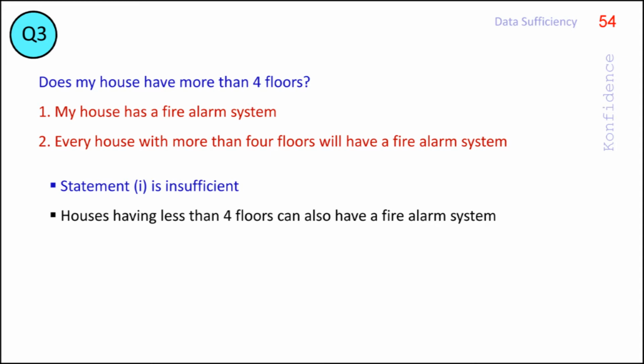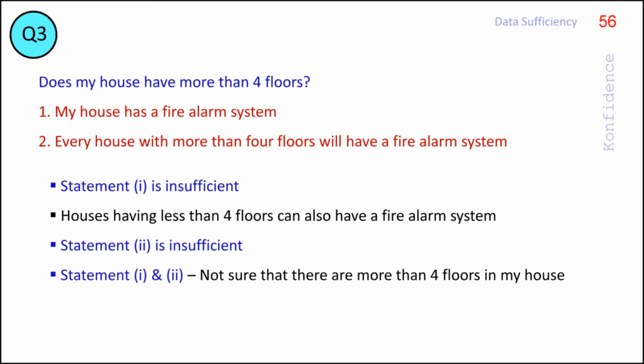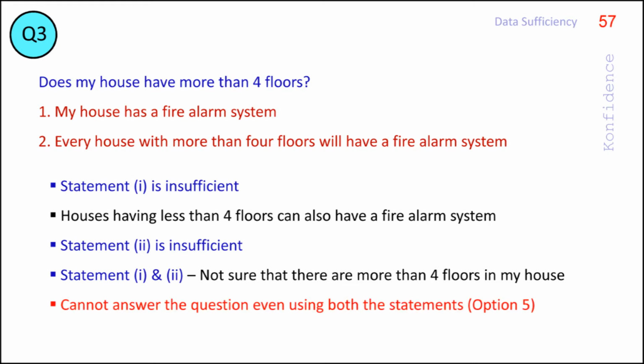Anybody with the fear of fire in his house can fix a fire alarm system even if it has less than 4 floors. Hence, we cannot be sure that there are more than 4 floors in my house. This shows that we need to be very careful in reading the statements. The answer is option 5.